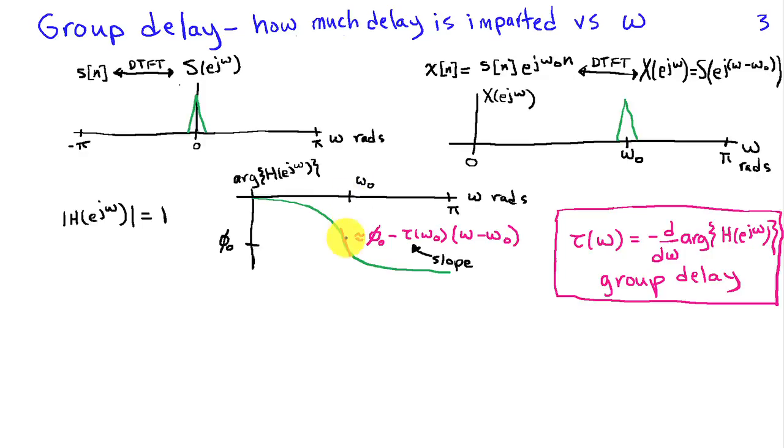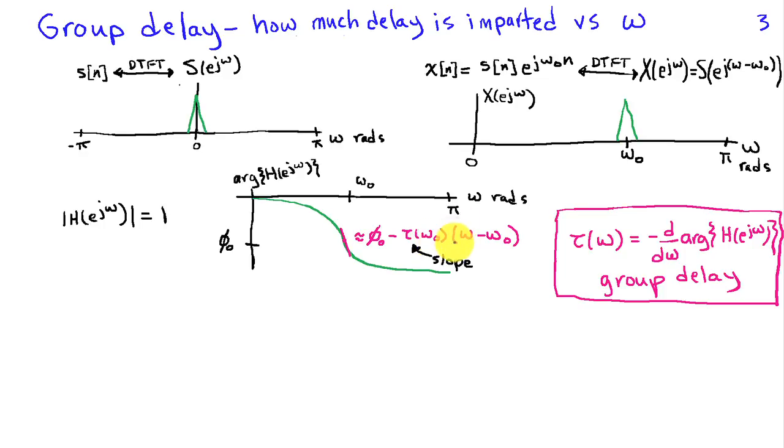Now the phase really doesn't matter except where the signal has frequency content. So in the vicinity of omega naught is the only place that the phase really matters if we're going to put this input in. And what we'll do is approximate our nonlinear phase with a linear description in the vicinity of omega naught. So we'll have the value at omega naught, which is phi naught, then we'll calculate the slope of the phase, and we'll call that tau of omega naught.